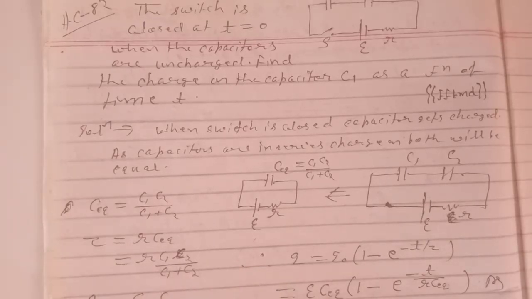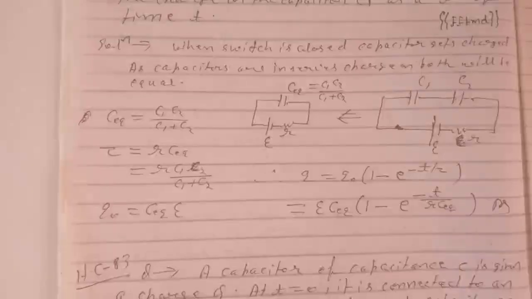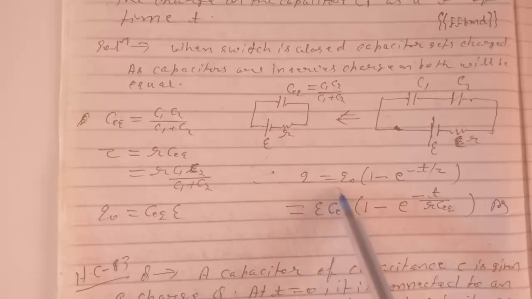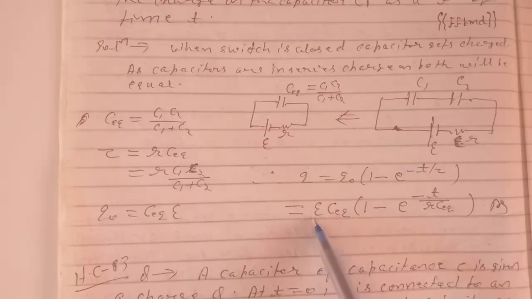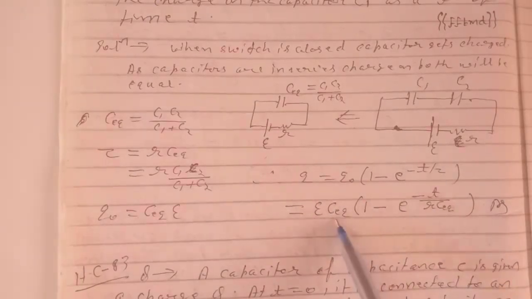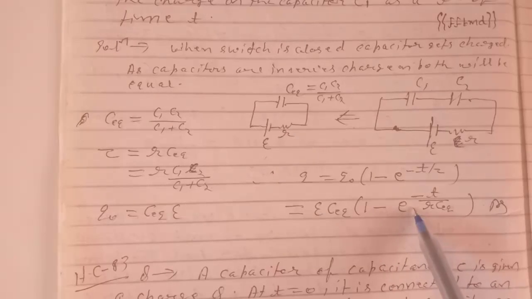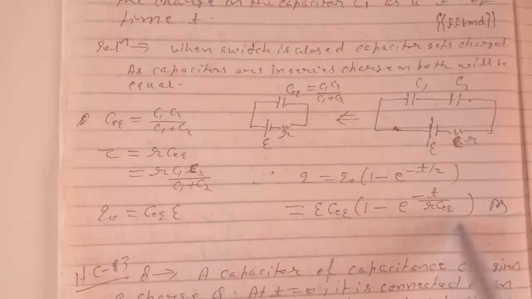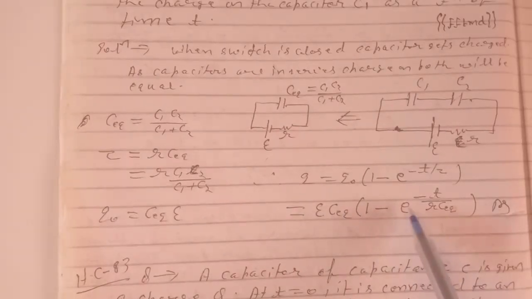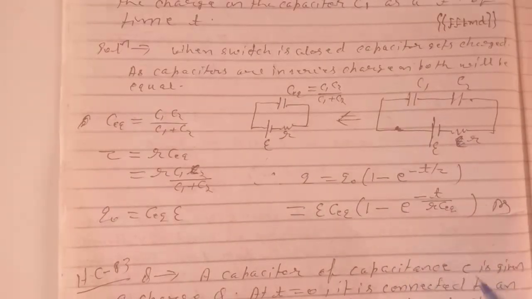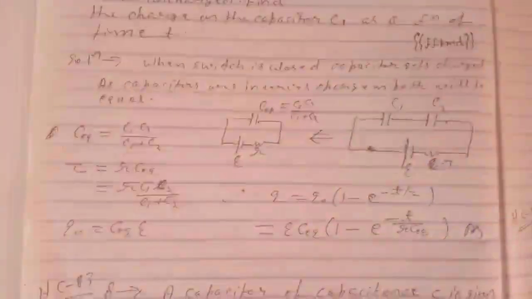Now Q naught will be C equivalent into E, and Q is given by Q naught into 1 minus e to the power minus t by tau, or E into C equivalent into 1 minus e to the power minus t by R into C equivalent. So this is the formula, the charge as a function of time. This is our formula.